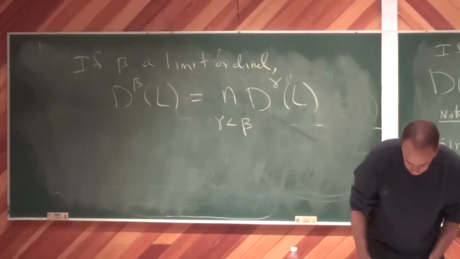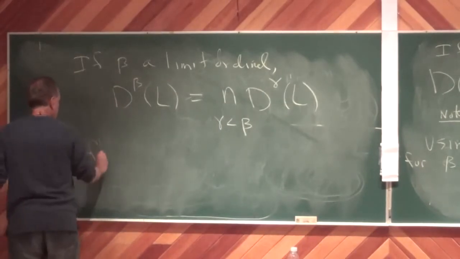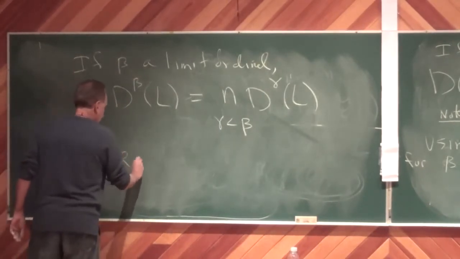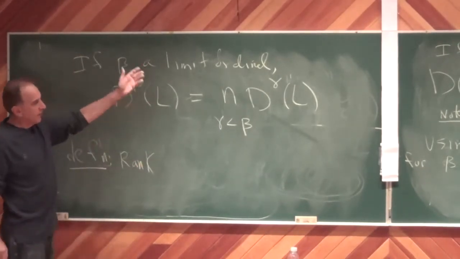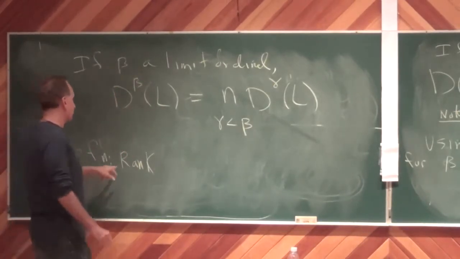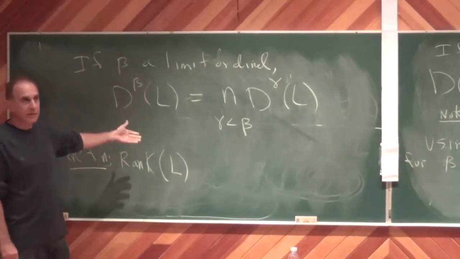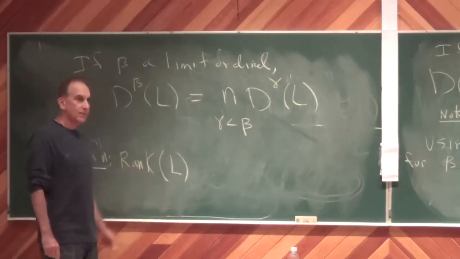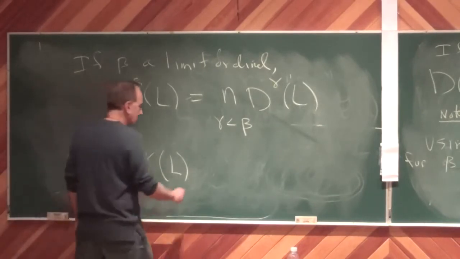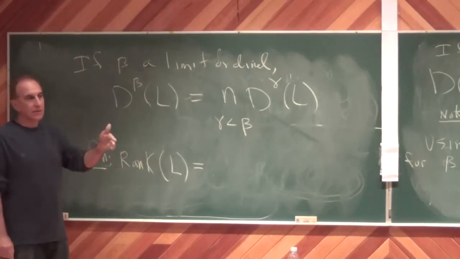So, definition, now that we have this way of iterating derivatives, the rank of the lamination, or, again, more generally, this is a statement about topological spaces. The rank of a topological space is the point where the derivatives stabilize. Okay.